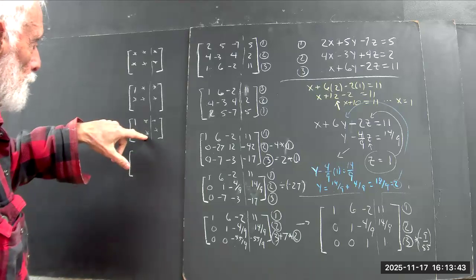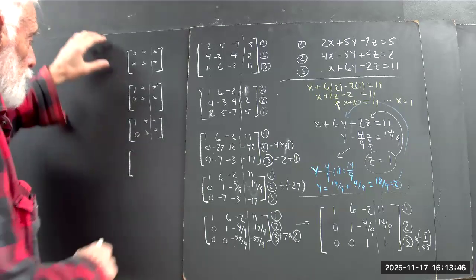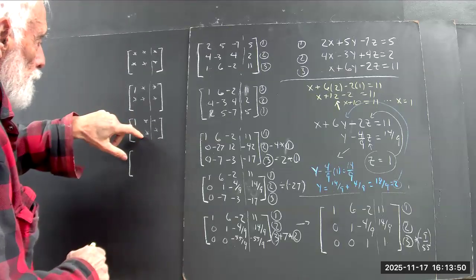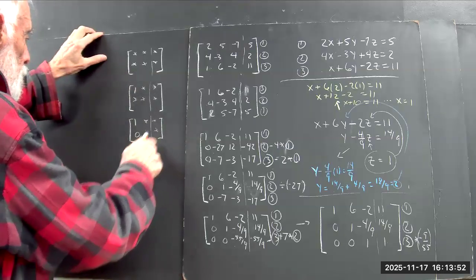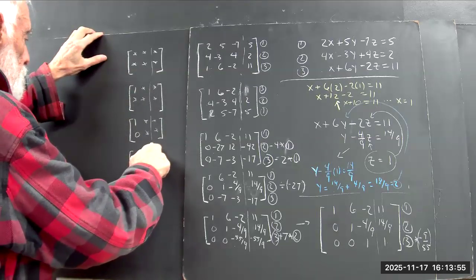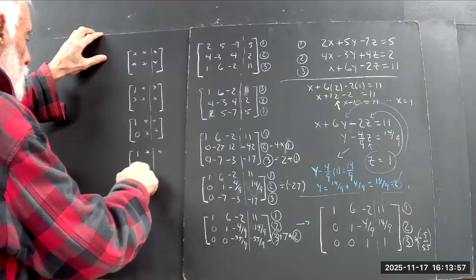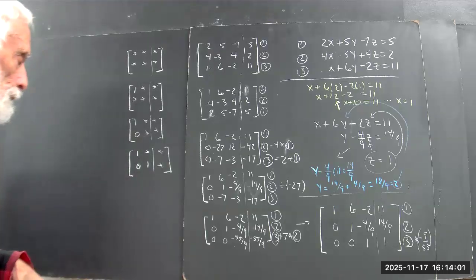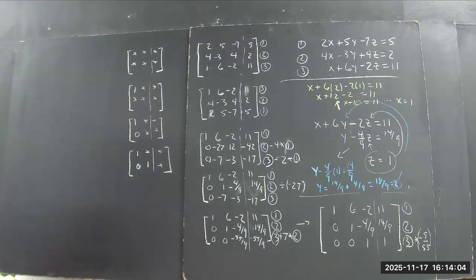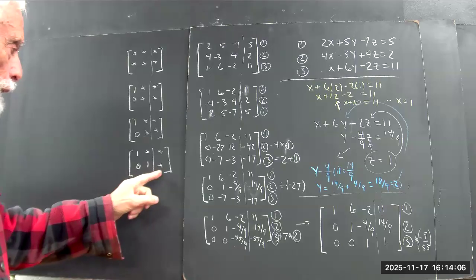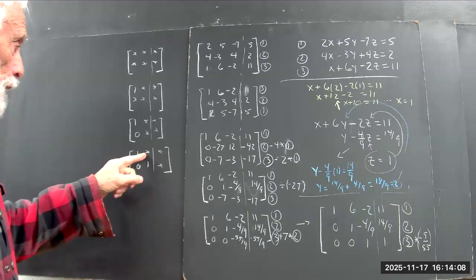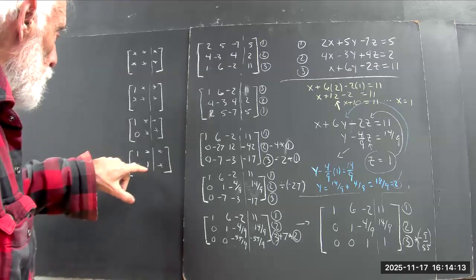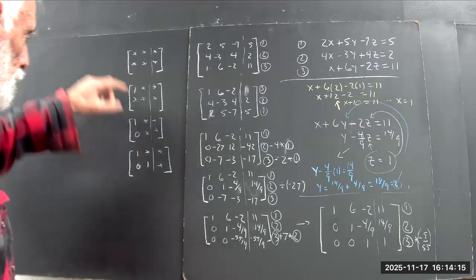Then we divide this number by itself. So we divide everything in this row by whatever this number is. It'll give us 1 here and some number here. So we're going to get 1. At this stage, if our variables are x and y, we know what y is equal to. We could plug that back in here and solve for x. Alternatively, we could add a multiple of this row to this row.